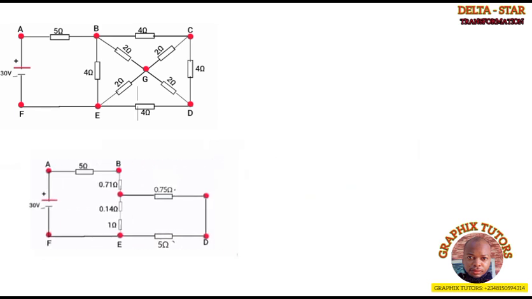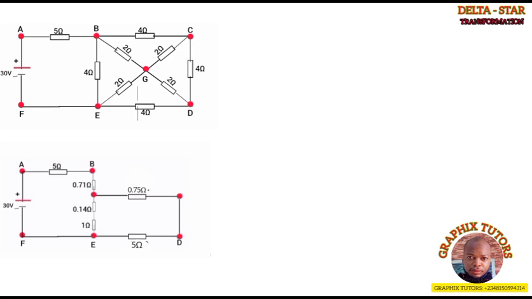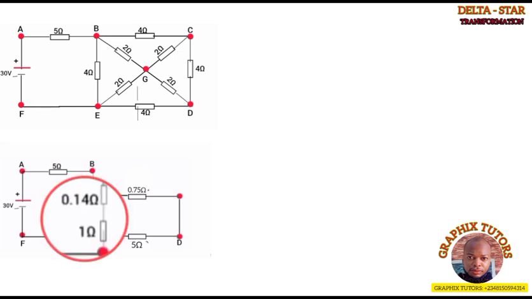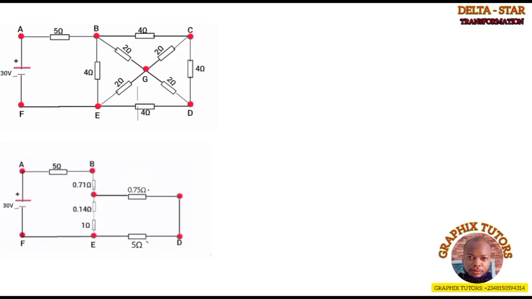Now what do you notice? The 0.14 and 1 are in series because the same current will be flowing through them. If current flows from point A to B, then down to this node, it is split to I2, I3.